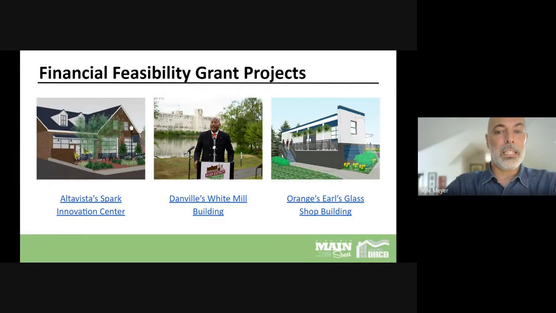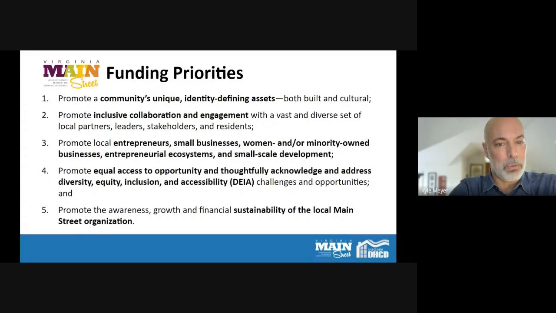The feasibility study included a market study, business plan and pro formas, building code review, preservation analysis, scope of work, architectural schematic designs, and construction cost estimates for the best possible adaptive reuse for the building. And I'm going to pass it on to Ellie to talk about some of the funding priorities.